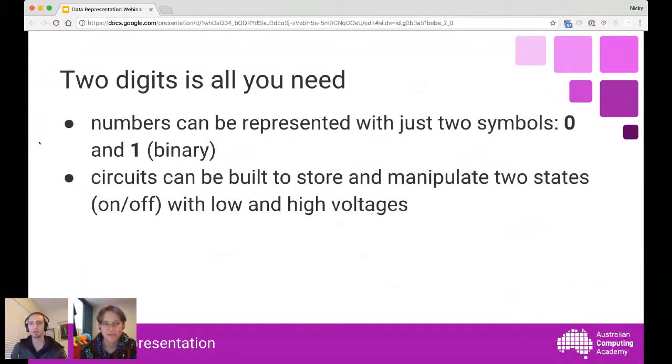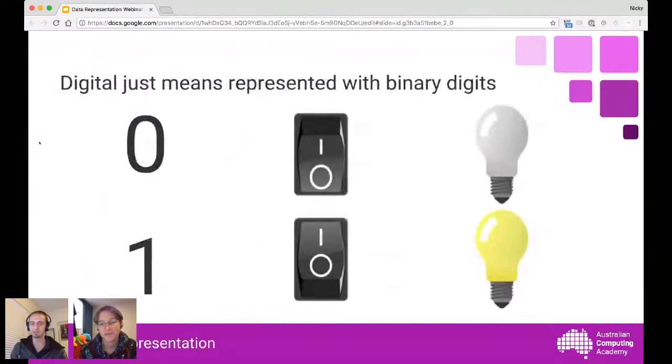So the fact that we can do all of that with just two symbols is pretty amazing, and it's why the digital technologies is such an interesting subject. And it's why we want the teaching of the digital technologies to not focus on specific tools or specific concepts, but to look at how these ideas have led to the development of the technologies that have had such an impact on our world today.